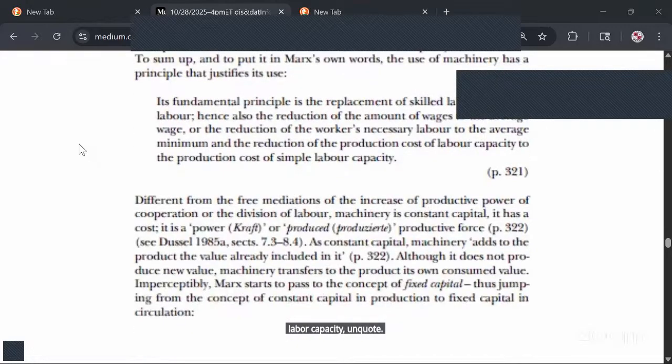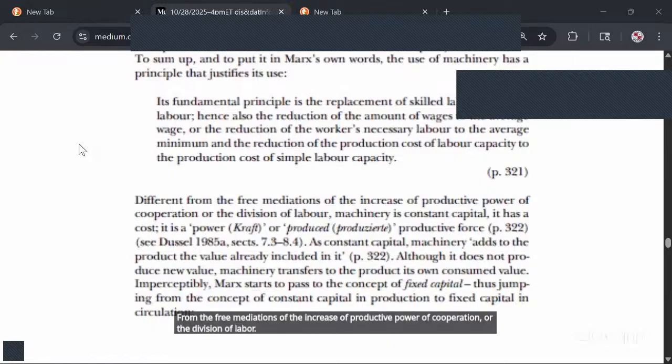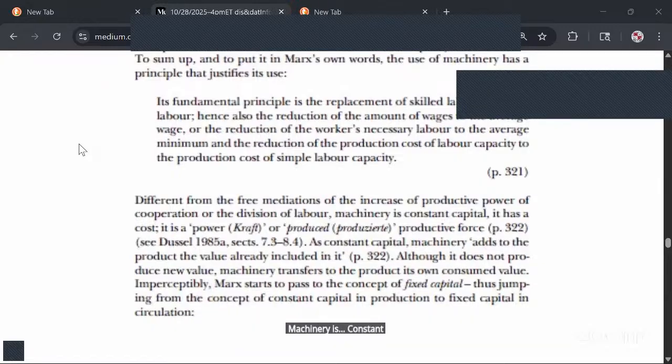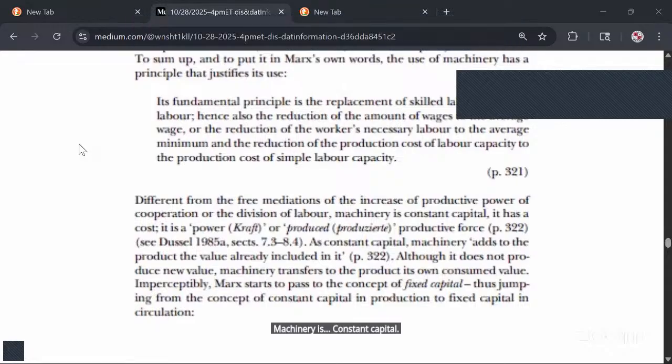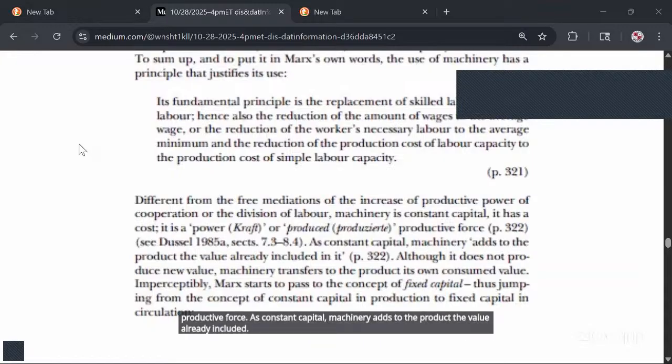Different from the free mediations of the increase of productive power of cooperation or the division of labor, machinery is constant capital. It has a cost. It is a power or produced productive force. As constant capital, machinery adds to the product the value already included in it.